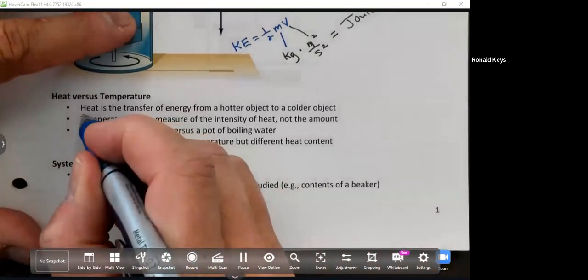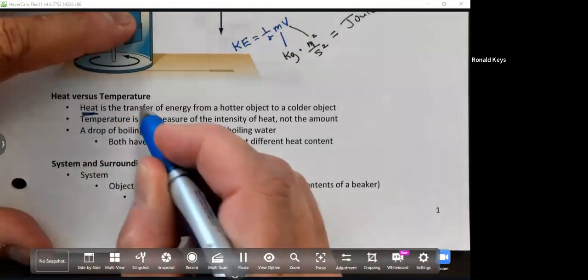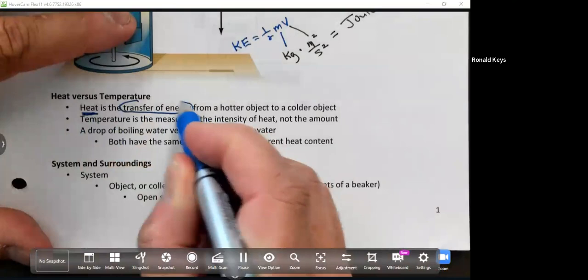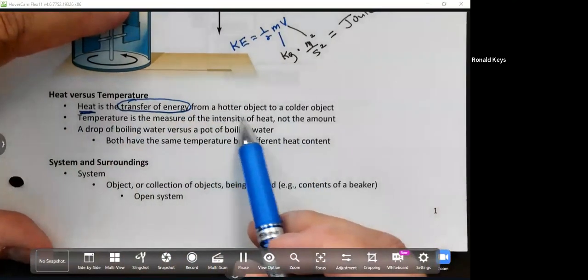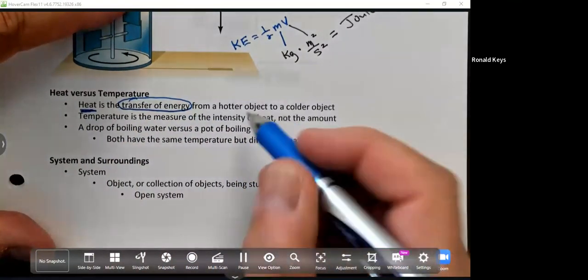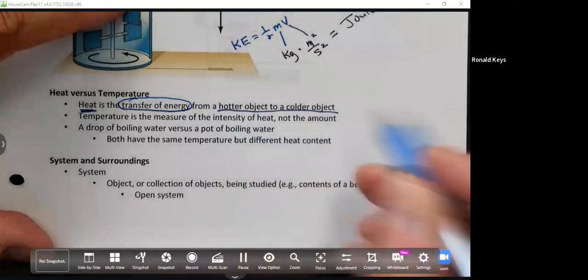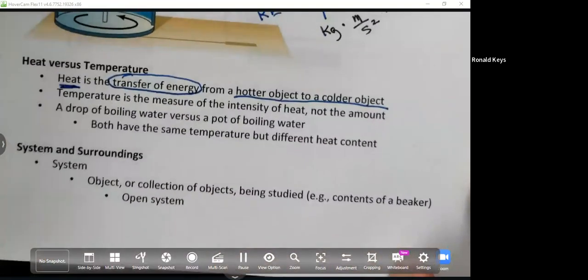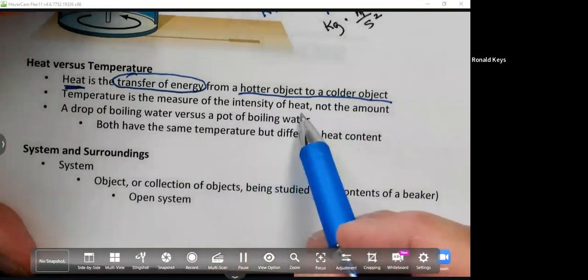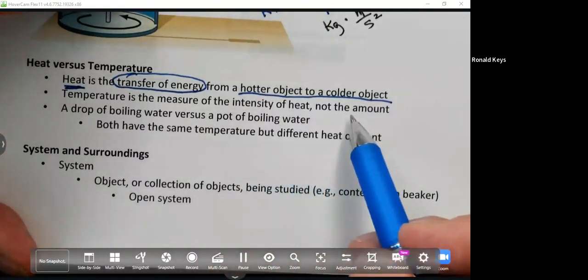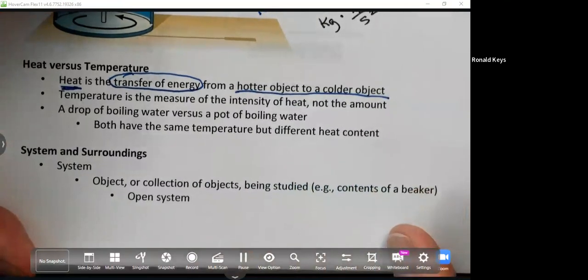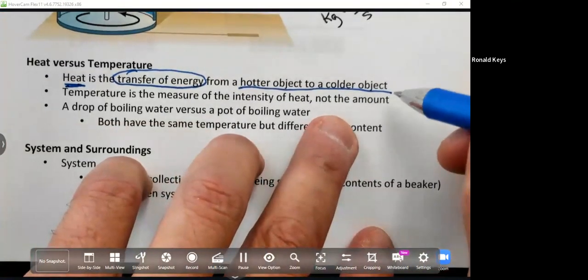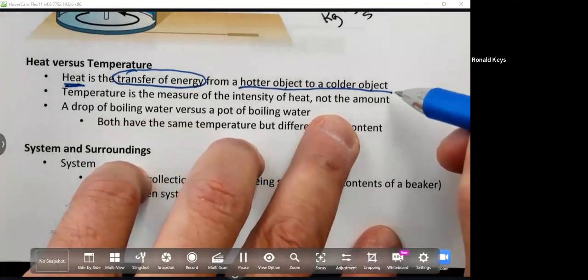Again, heat is a transfer of energy from a hotter object to a colder object. Temperature is just a measure of the intensity of heat, not amount. So if you took just a pin out of boiling water and touched it, no big deal.